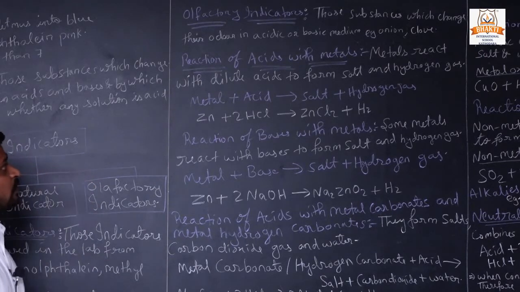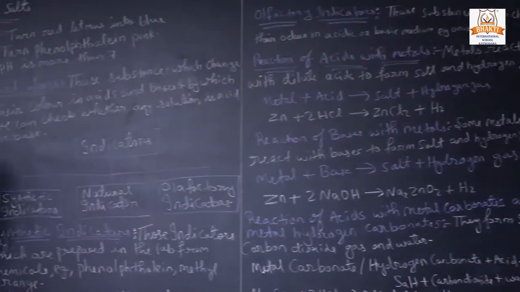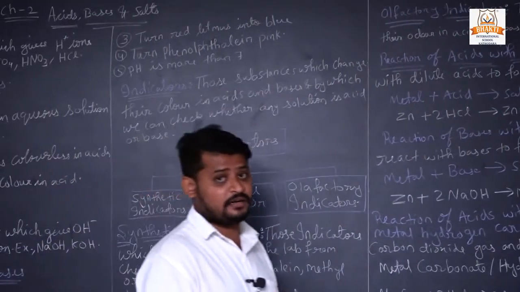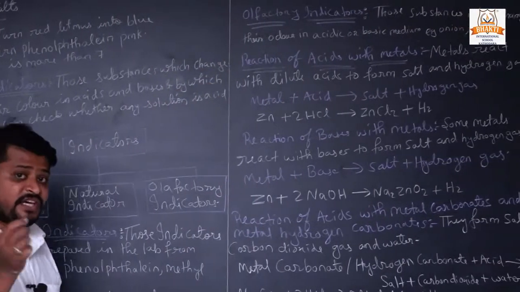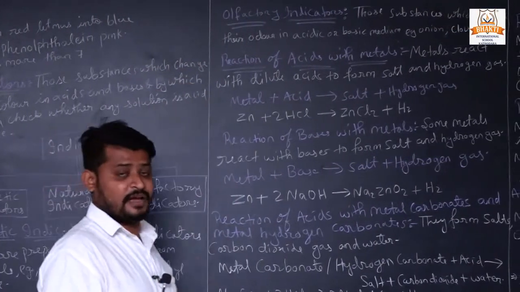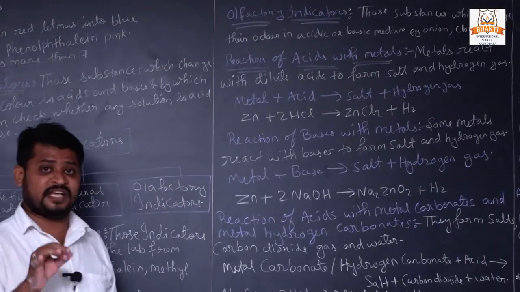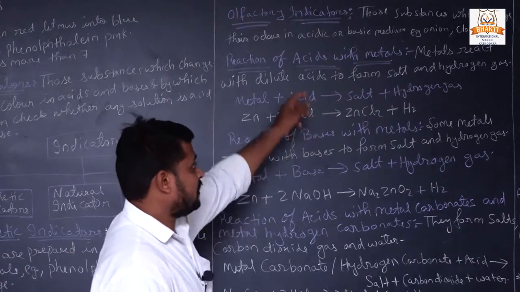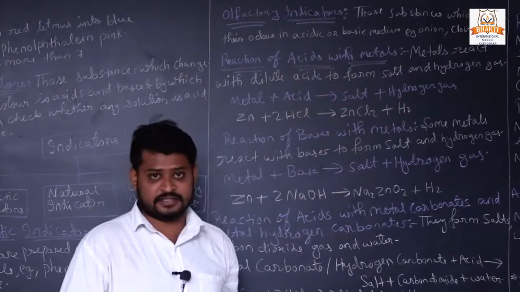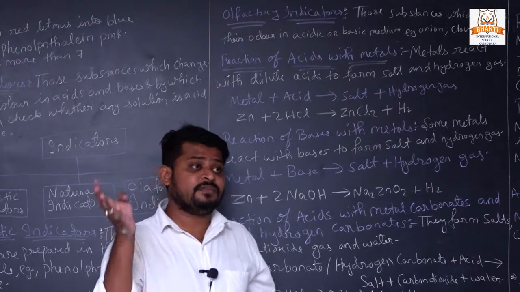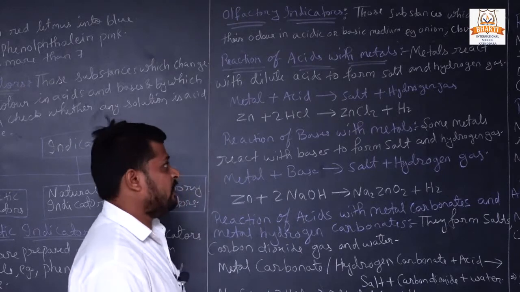In the other two indicators we see that they change their color, but in olfactory indicators it will change the smell, and from that we identify if the solution is acidic or basic in nature. Onion and clove are olfactory indicators.